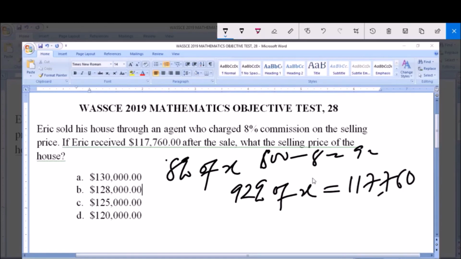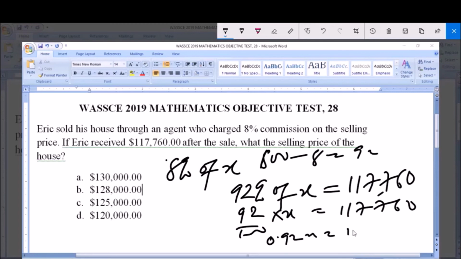$117,760. Now that's 92 over 100 multiplied by X equals 117,760, and 92 over 100 is the same thing as 0.92x equals 117,760. Now x becomes 117,760 divided by 0.92.